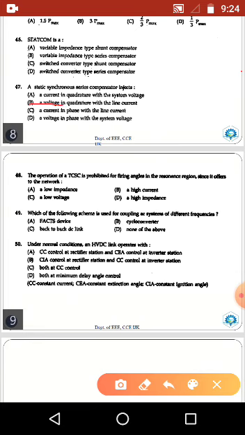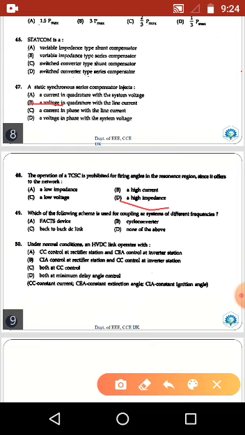Moving to 48th question, the operation of TCSC is prohibited for firing angles in the resonance region due to it offers high impedance. The answer is option D. 49th question, which of the following scheme is used for coupling of AC of different frequency?